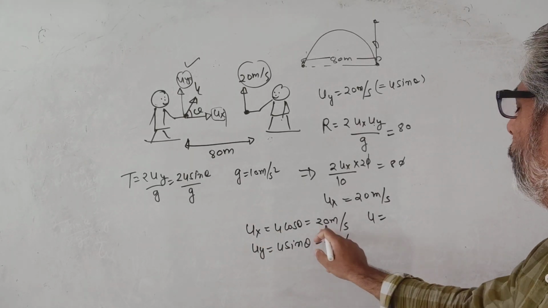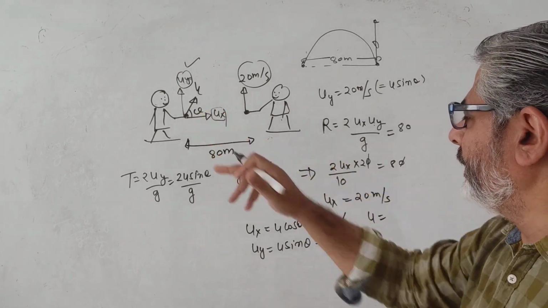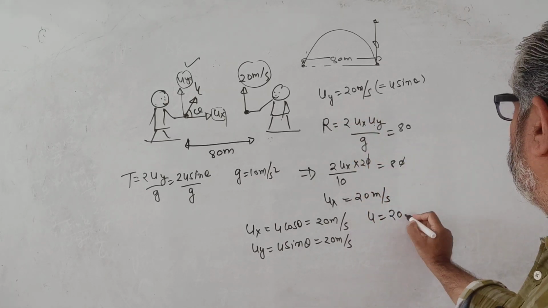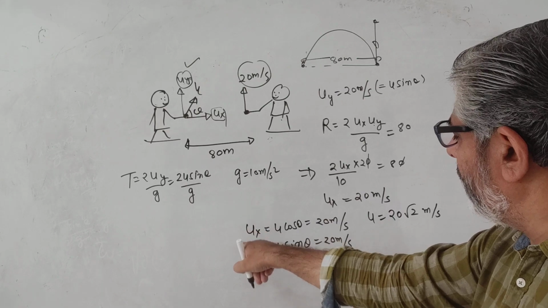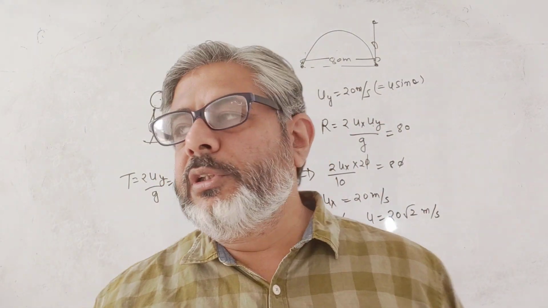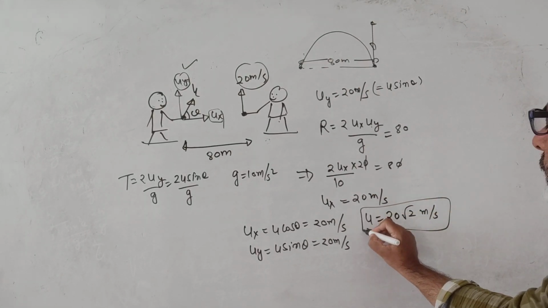Since these two are equal, you should also know this shortcut: if two components are equal, then the answer is always one of the components multiplied with root 2 meters per second, which comes by squaring and adding them up and then taking the square root. So it is 20 root 2. That is as simple as that. So this gives me my first answer.